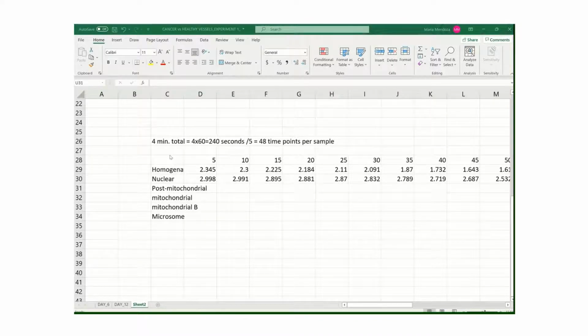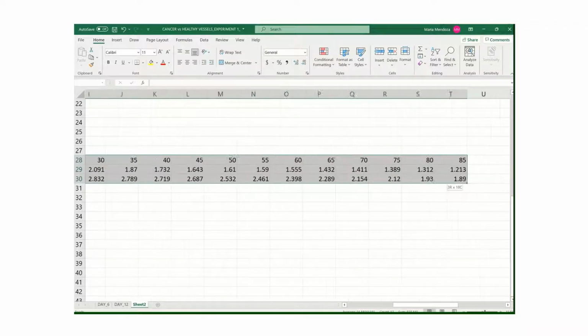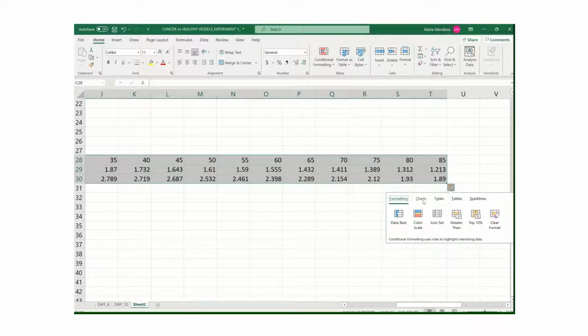So then you grab and you highlight whatever you have. Okay. And then you click this little guy right here, and you say charts, and then you say line.